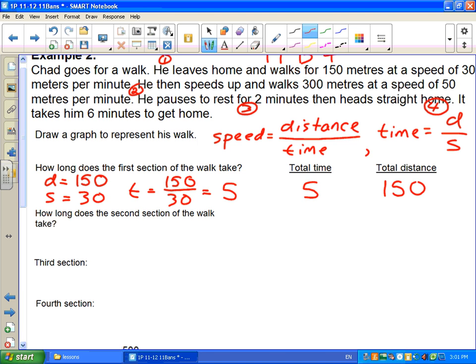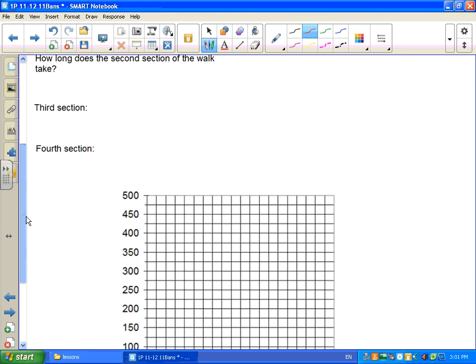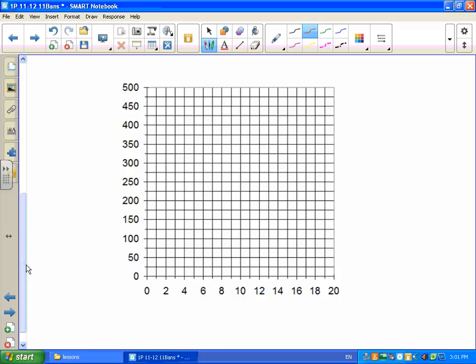So we could come down to our graph and draw this in. We've got time down here and distance over here. He starts right here, and we go over 5 minutes: 1, 2, 3, 4, 5. And then he's traveled 150 meters, so we go up to 150.